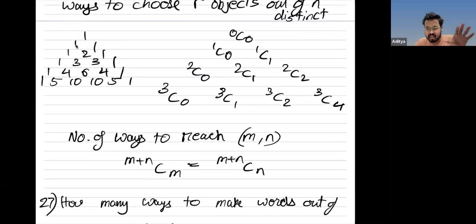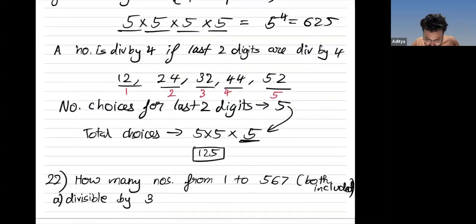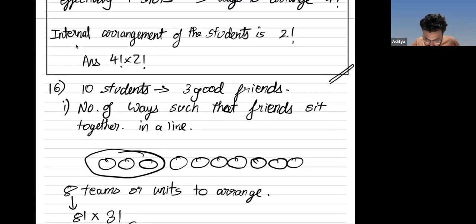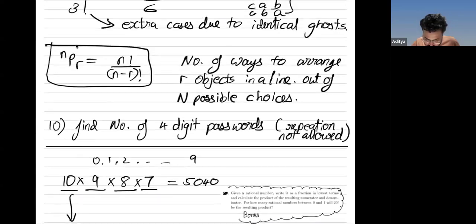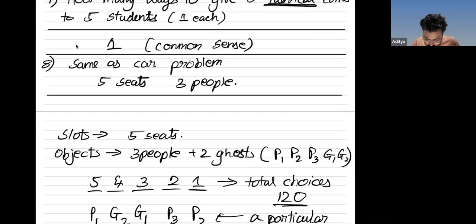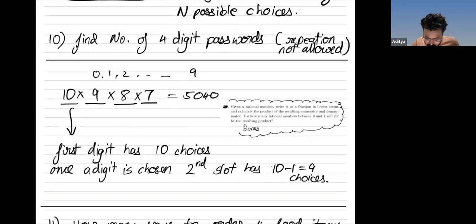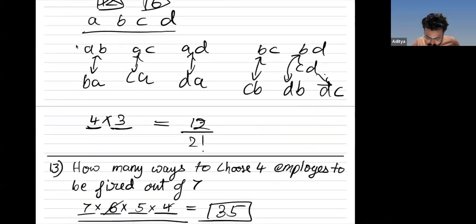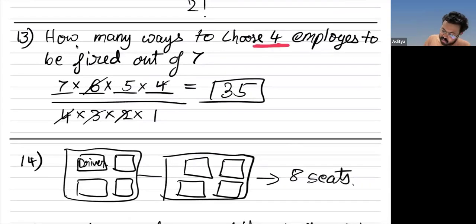You take 5 kinds of, see, I've done this question before, no? So number of ways to choose 4 employees out of 7 to be fired.